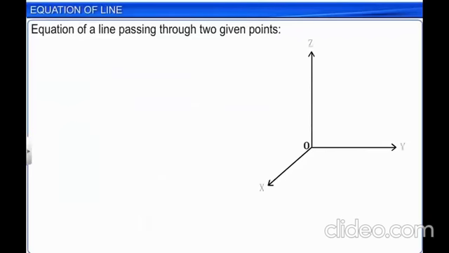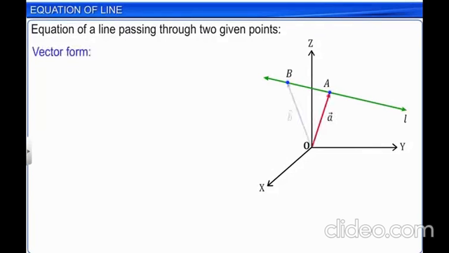We can also determine the equation of line L if it passes through two given points. Let us first derive the equation for line L passing through two given points A and B in vector form. Let the position vectors of points A and B with respect to the origin be as shown.